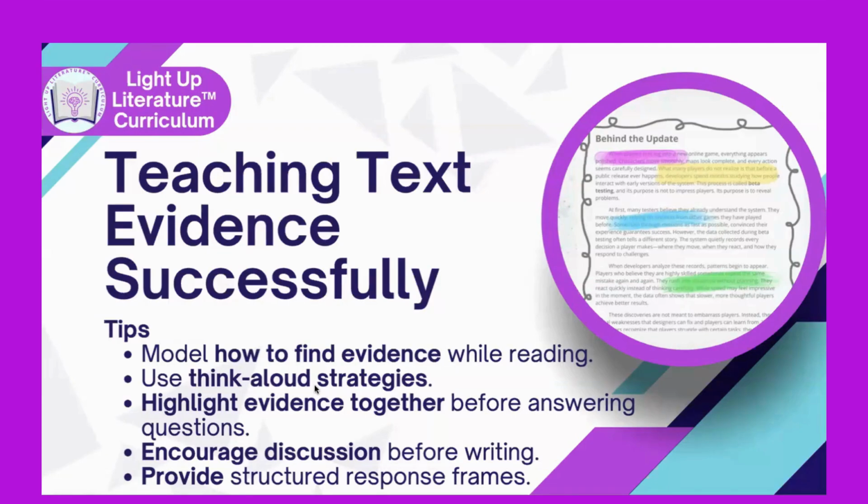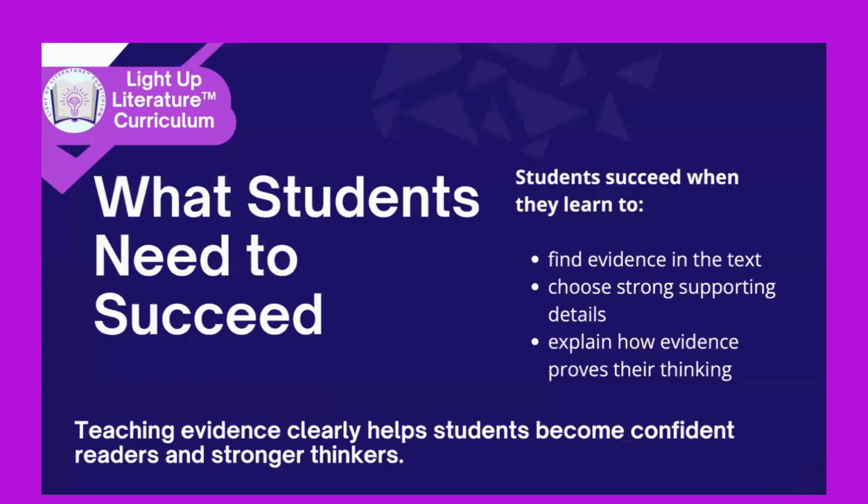All right. Now, what students need to succeed is a little different than what we sometimes think. Students become much more confident readers when they understand how the evidence works. They succeed when they know how to find the evidence, choose the strongest supporting detail, and explain how those details prove that they're right.